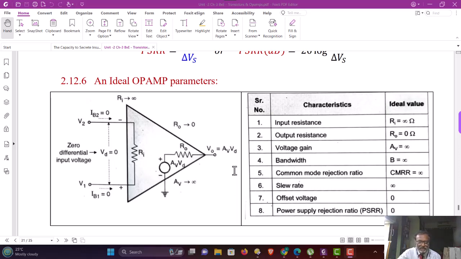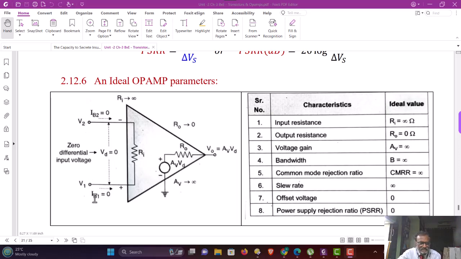For an ideal operational amplifier, Ri is infinity, Ro is 0, AV is infinity. When AV is infinity, it means that the differential input voltage is 0. And differential input voltage is nothing but the difference between the two input terminal voltages V1 and V2.